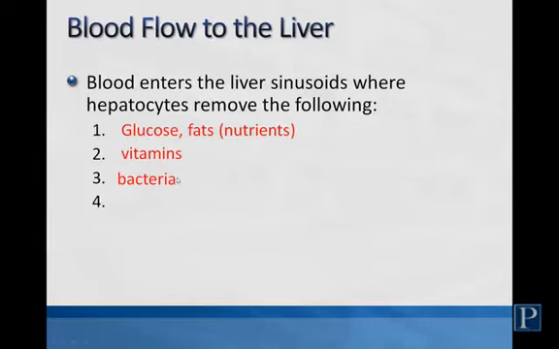Also bringing in some bad stuff, bacteria. And this unconjugated bilirubin is a big breakdown product from red blood cells. Now, red blood cells were broken down in the spleen, and that results in bilirubin, and bilirubin will be brought to the liver, and in the liver we're going to do something with that unconjugated bilirubin.